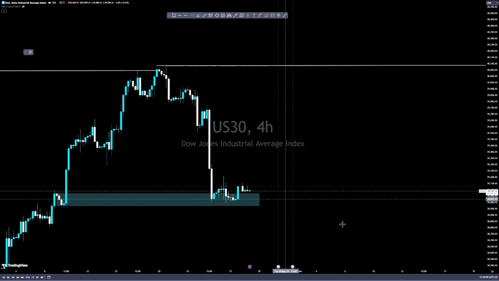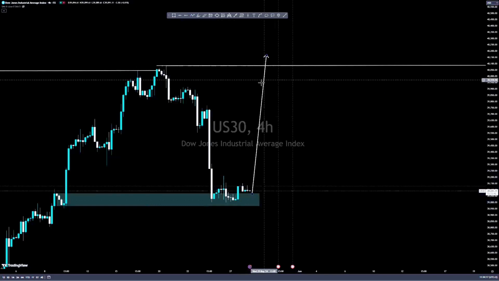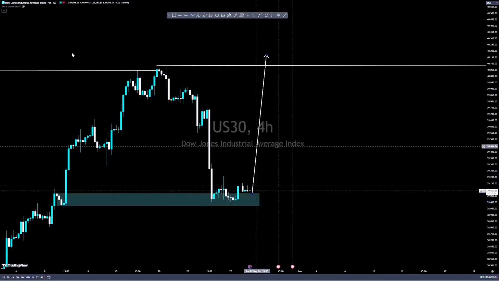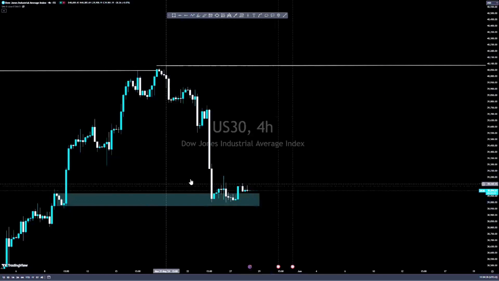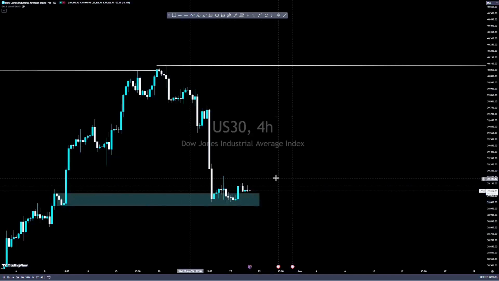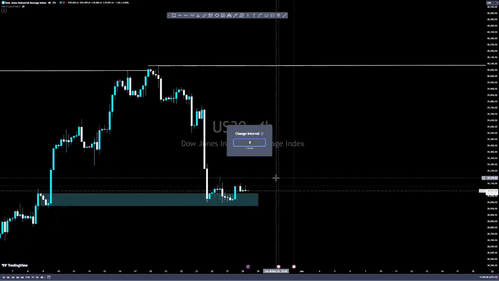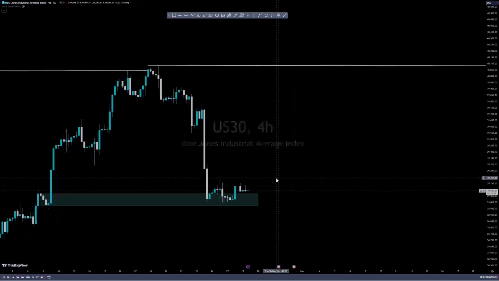It might do that, and it's a high possibility. Looking at this, it's strong, but it might be that the market makers are just building up liquidity here. They don't really want to buy, but they just want to build up liquidity here, right? So let's dive into the 1 hour to see if we can find possible buy opportunities.